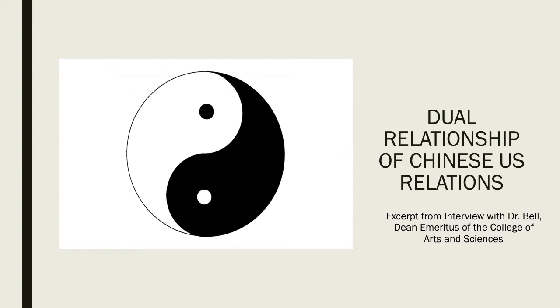So now you have the flipping of the yin and yang. Yang becomes yin, yin becomes yang. And now we're in the black period, but the black contains the seeds of white that over time ebb and flow and eventually will grow and convert black back into white. So the best way I can think of describing U.S.-China relationships is exactly in this kind of dynamic.